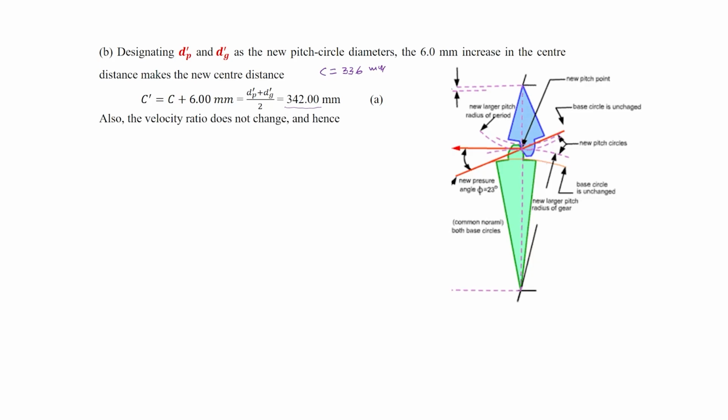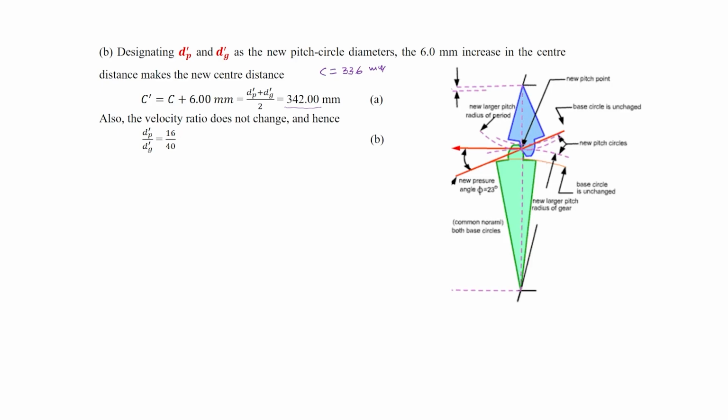Now the property of the involute tooth profile is that with a slight change in center distance, it remains satisfying the fundamental law of gearing. It means the velocity ratio will remain unchanged. Now, when the velocity ratio is remaining unchanged, it means the new pitch circle diameter of the pinion divided by the new pitch circle diameter of the gear is equal to the earlier velocity ratio.